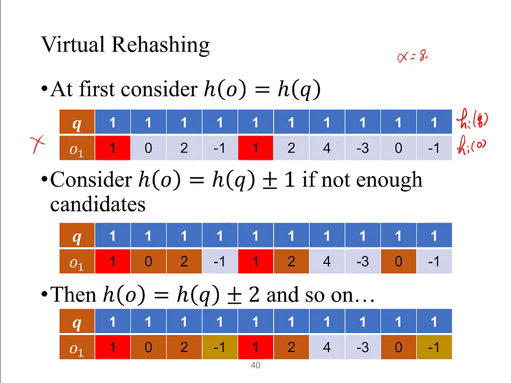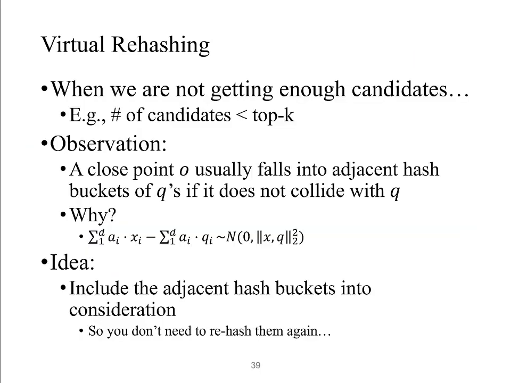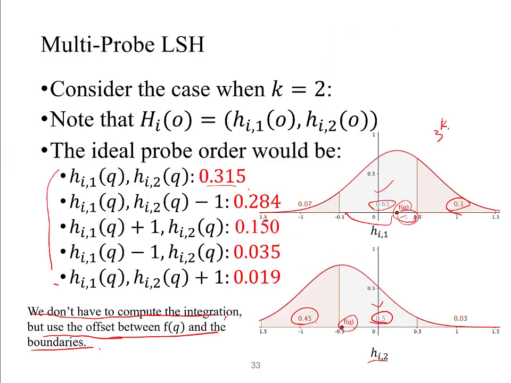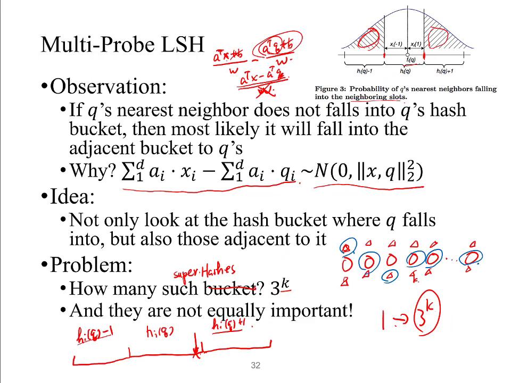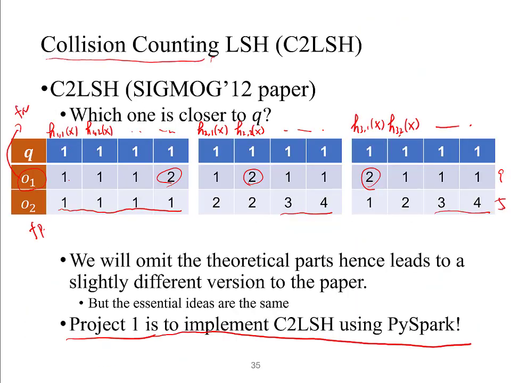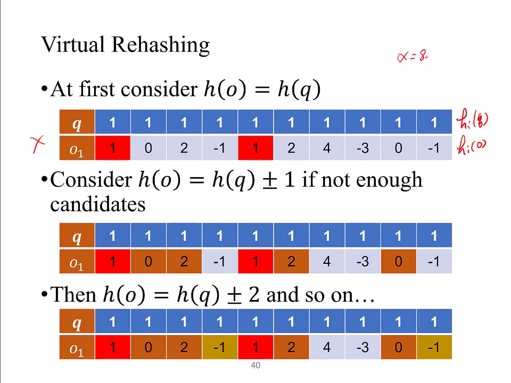And then, as we have seen here, we include the adjacent hash buckets into consideration, where the adjacent hash buckets are this and this. So it's actually HIQ plus 1 and HIQ minus 1. Back to this example, we consider HO equals to HQ plus or minus 1 if there are not enough candidates.